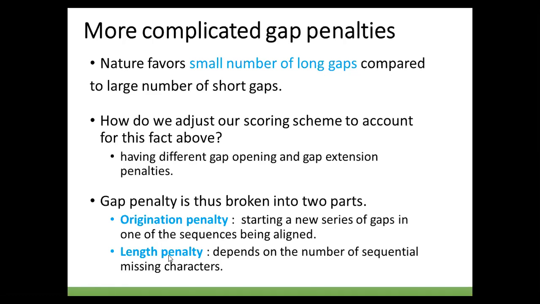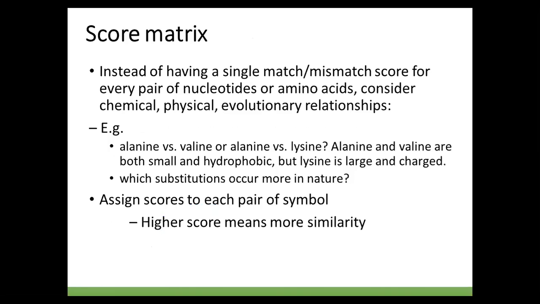We increase the penalty for each and every gap which appears one after the other, so that we can have a lower score for that alignment. Having a lower score means it's not a good alignment. It does not tally with naturally found alignments. So you can change the scoring systems according to the observations.